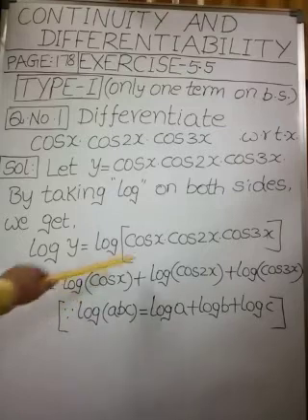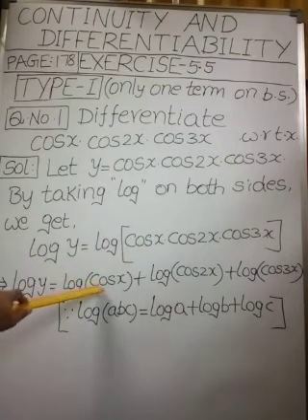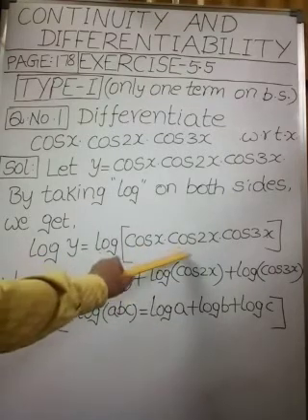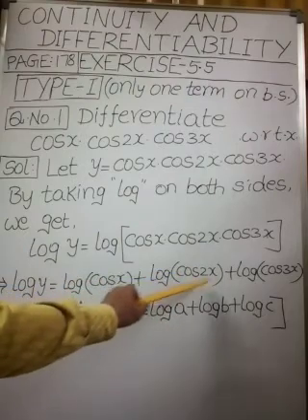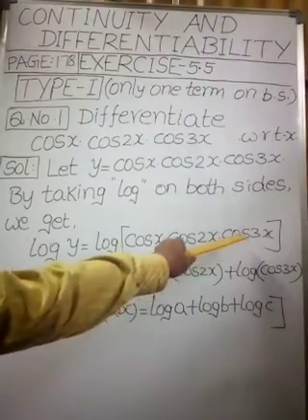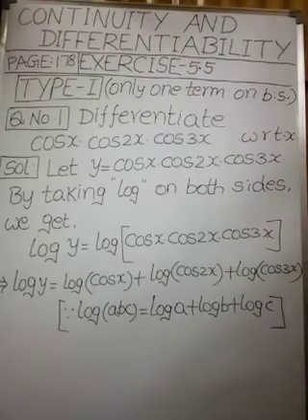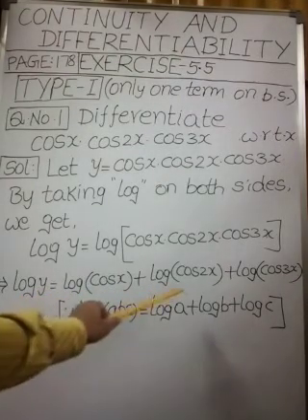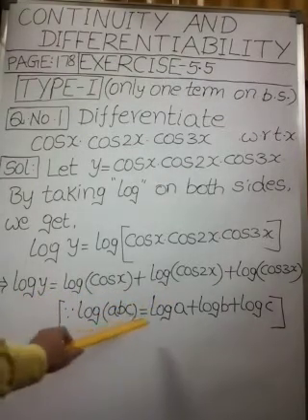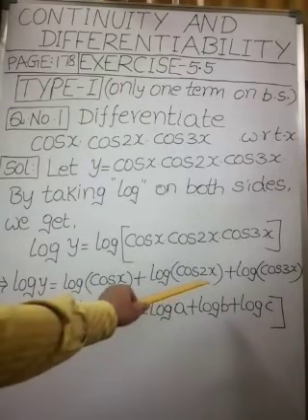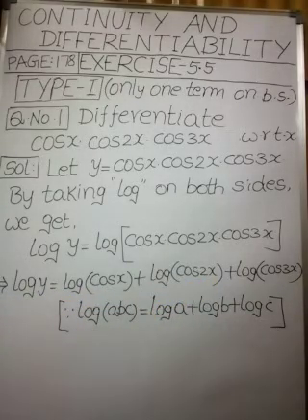So A means here cos x, so log of cos x, plus B means cos 2x, so log of cos 2x, plus C means here cos 3x, so log of cos 3x. Understood this step, my dear children? By using this logarithmic property, I wrote the RHS part like this. Understood, my dear children? Right.